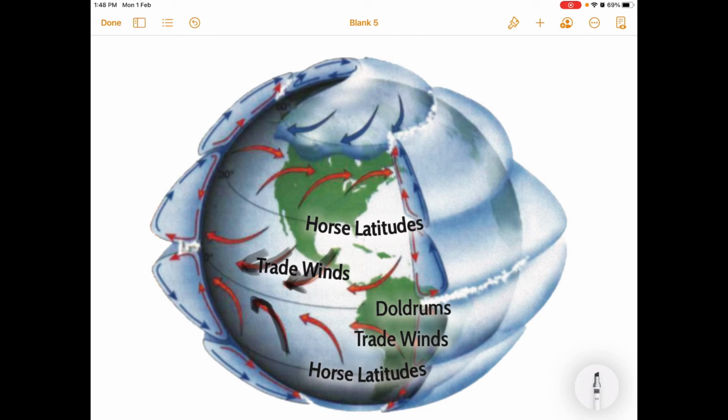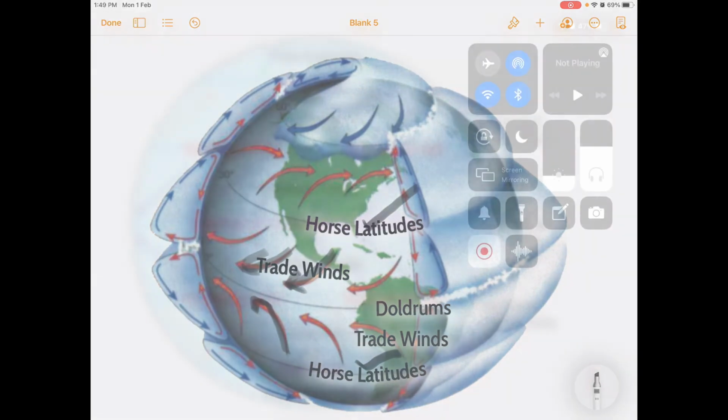Otherwise, the ship could sink in the water. So, they threw their horses or cargo into the water so that the ship would not sink. So, this area is known as the horse latitude also, in both the hemispheres.